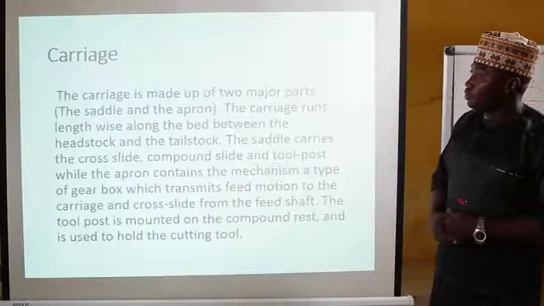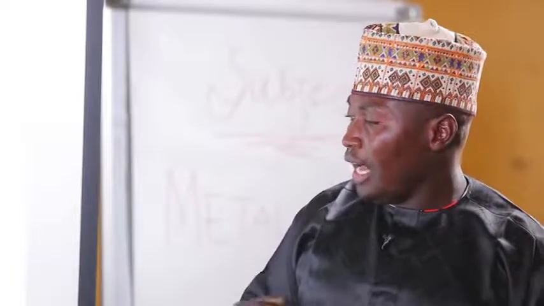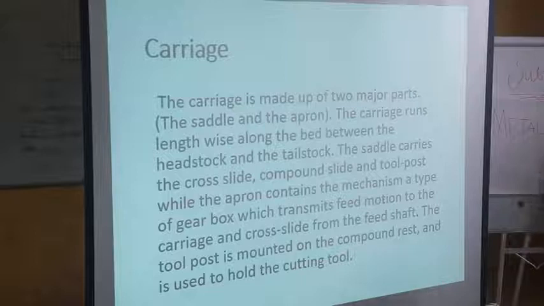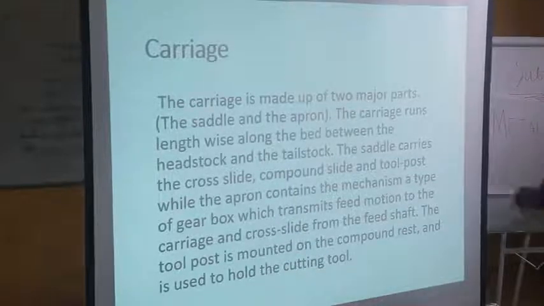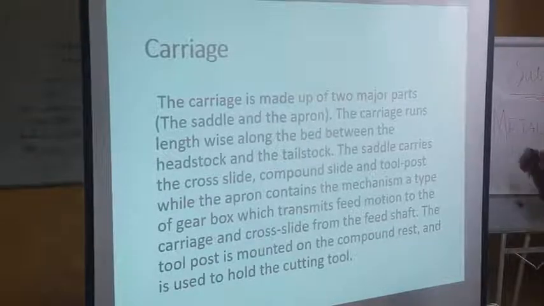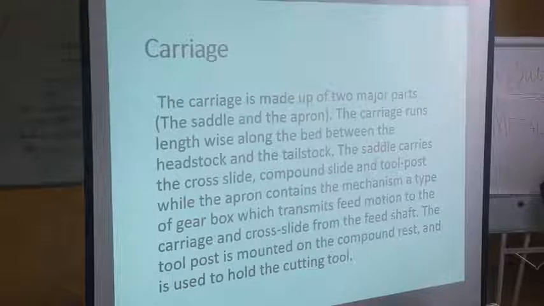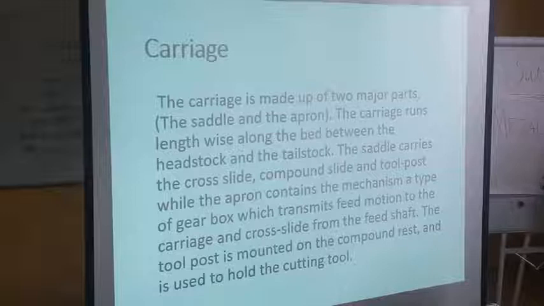Let's go back to the carriage. Like I said earlier, the carriage, the cross slide from the feed shaft, the tool post is mounted on the compound rest and is used to hold the workpiece. All of these are incorporated in what we refer to as the carriage, because it's carrying all the parts along whenever you are to operate on it.